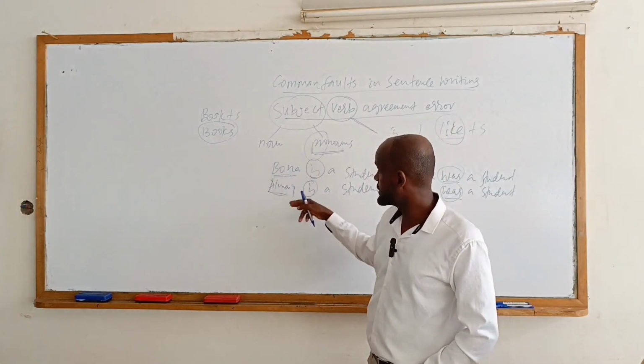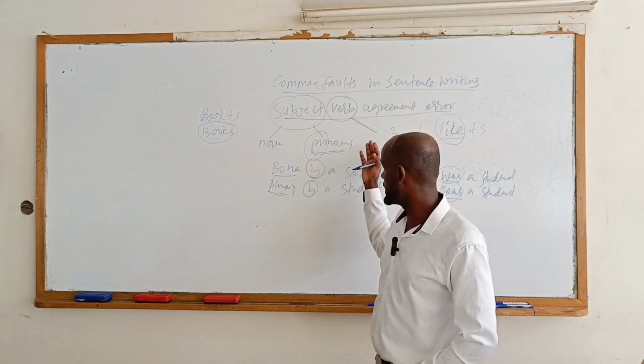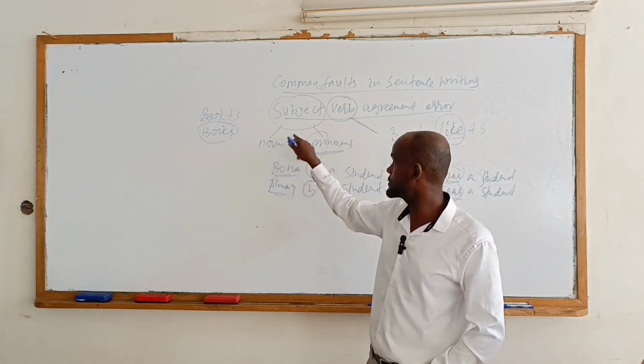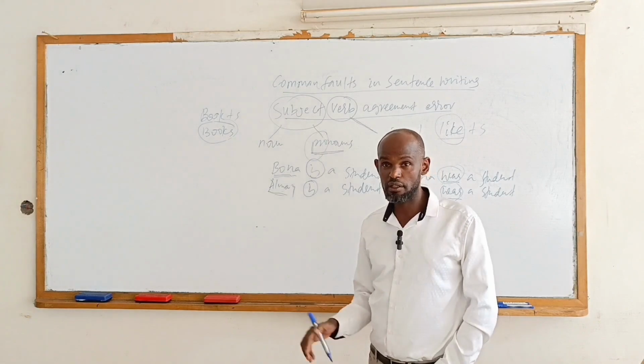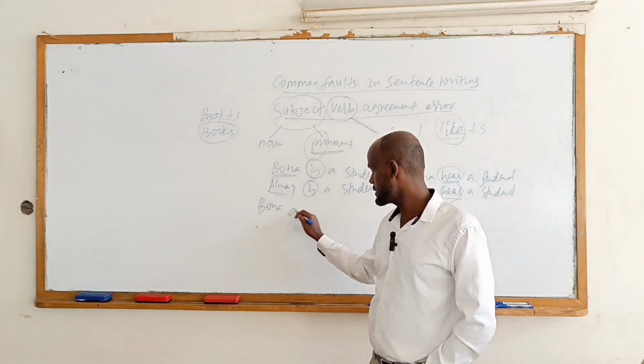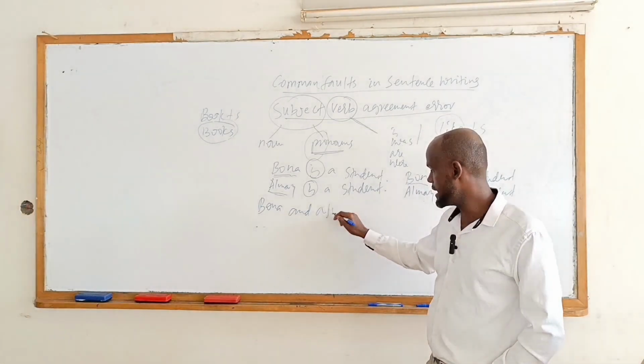Let's start by using the nouns, and later we come back to the use of pronouns, because we said pronouns are also used as a subject in sentence construction. So Bona and Almaz.